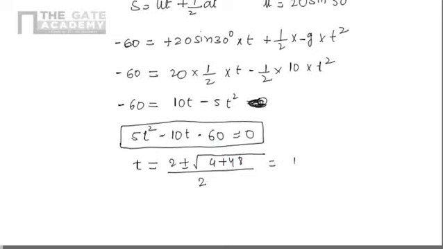So we will get 1 plus minus root 13, so T equals 1 plus 3.6, that is 4.6. I am not taking the negative sign here because time cannot be negative, so I am just taking the positive sign. So we got the value of T, that is 4.6 seconds.